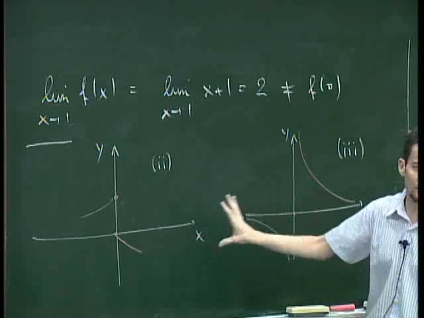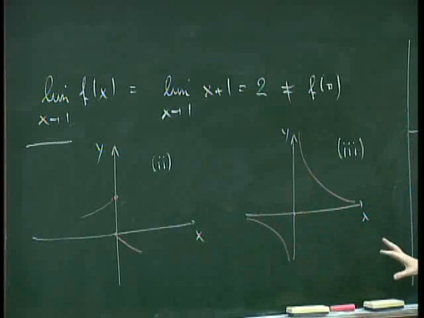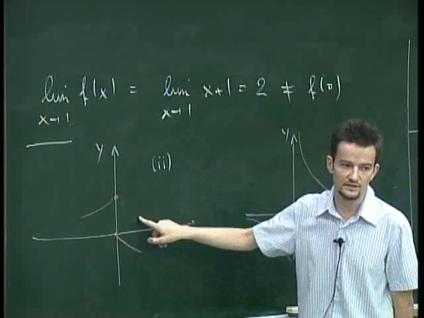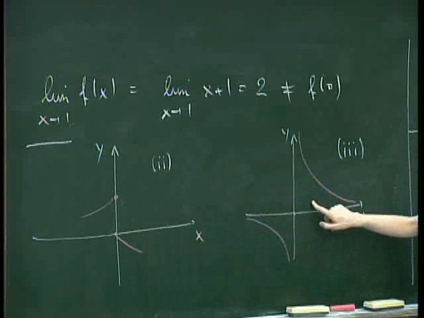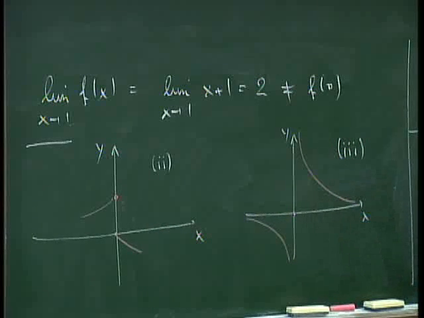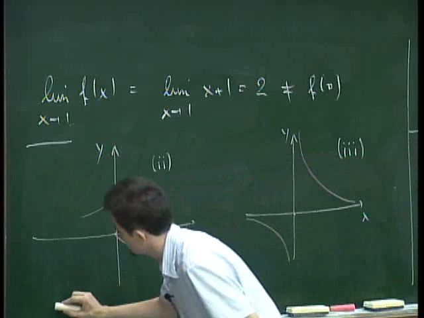Now, there are different names for such discontinuities. This is called a jump discontinuity, and this is called an infinite discontinuity. Maybe this is terminology.